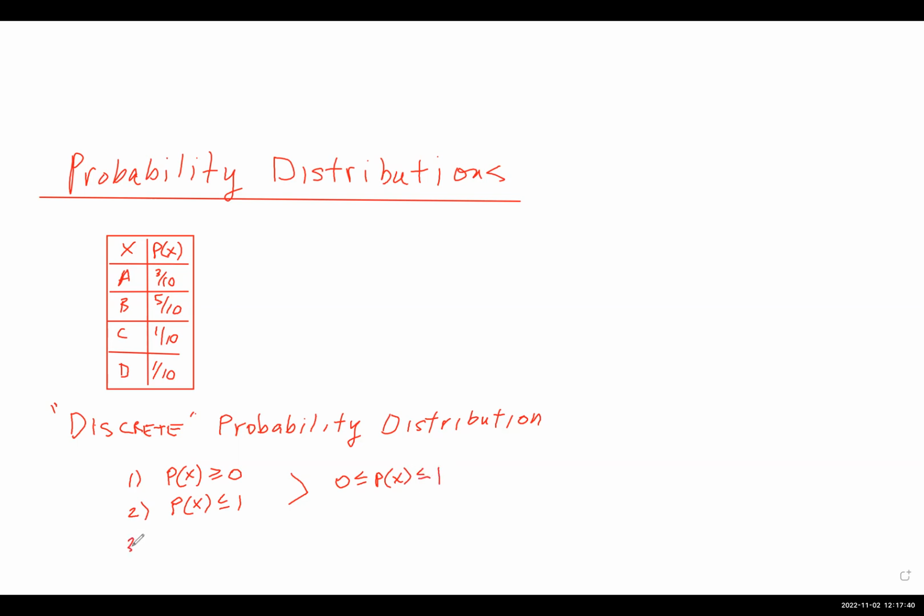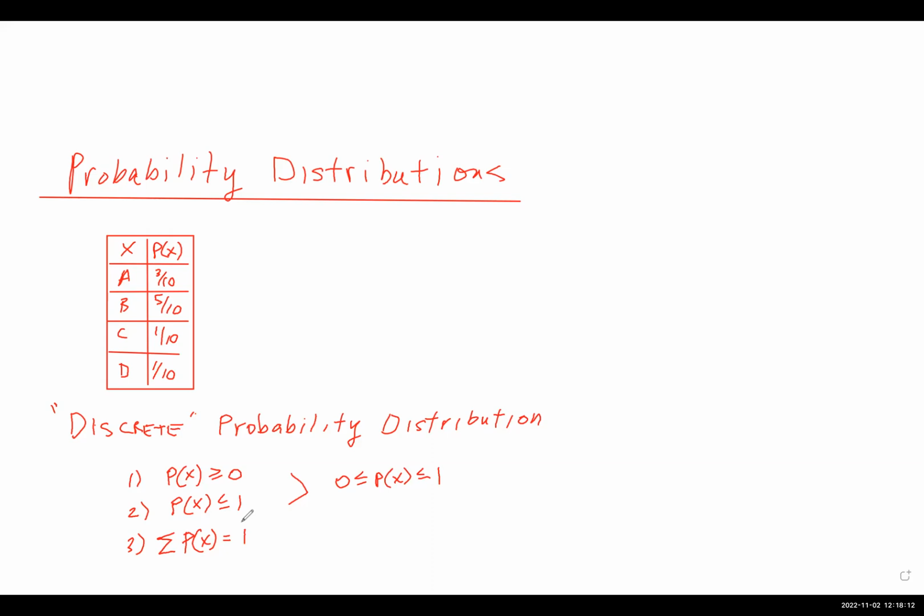Now, if I add up all the probabilities, and I'm going to use my summation sign here, the sum of all the probabilities in the distribution, what do they add up to? 10 over 10. So in this case, if you added up all these fractions, you would get 10 over 10, which is equal to 1.